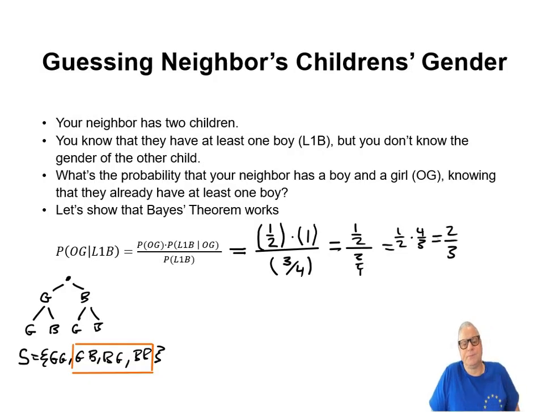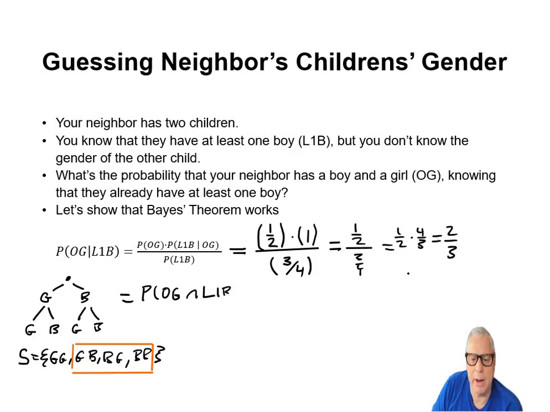Okay, well, we could also write that. This is Bayes' theorem, but we could also have written it as the probability of the other being a girl and at least one boy, over the probability of at least one boy.